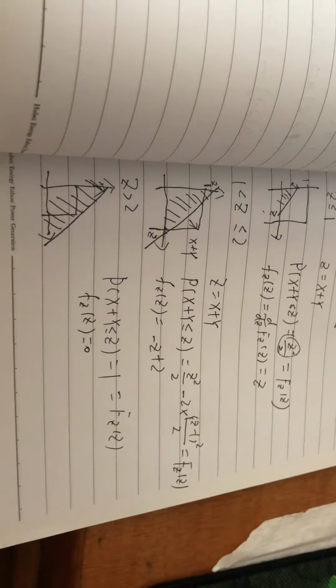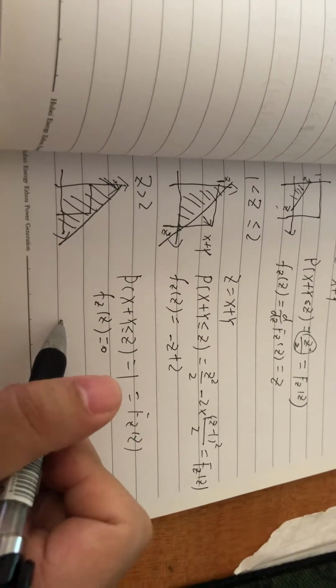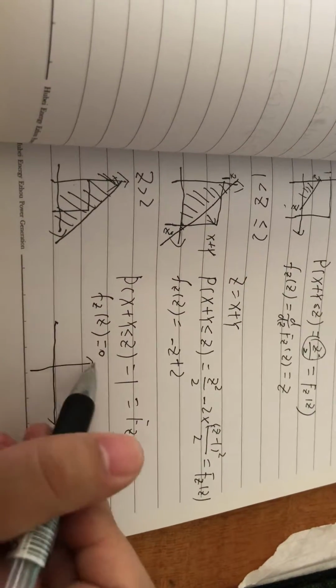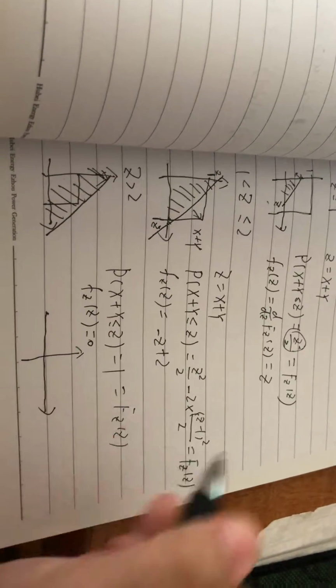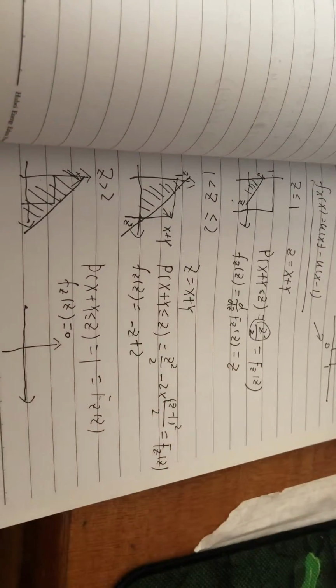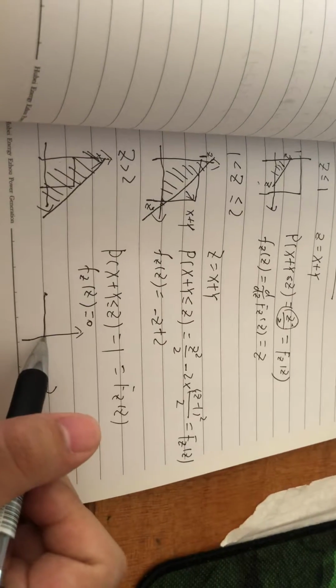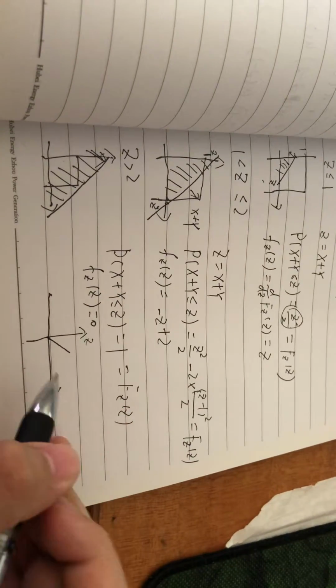So according to the three functions, in summary, we can get the graph of fZ. For z less than 1, we have the line z.